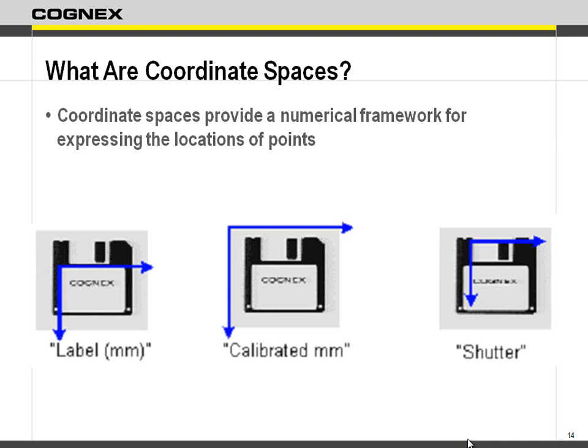So everything's going to be based from the label. Or I could say, yeah, I'm going to calibrate it, but instead my calibration is going to be based in the upper left-hand corner. Or I could just shift it. Okay, don't calibrate it, still in pixel coordinates, but I'm going to base everything off of where I found this particular shutter. So I can choose how I want to move things.